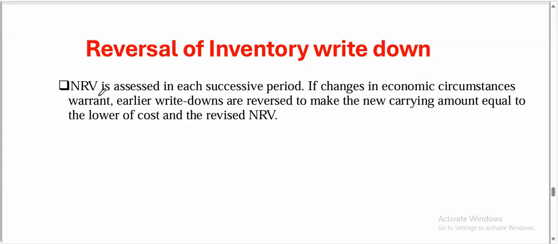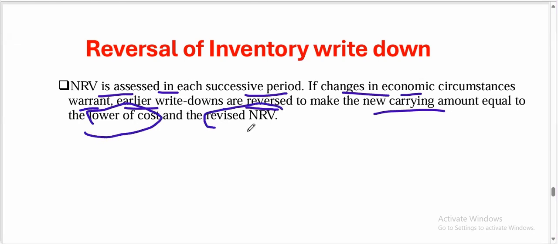Reverse. So it says NRV is assessed in each successive period. If changes in economic circumstances warrant, earlier write-downs are reversed to make the new carrying amount equal to the lower of, very important, cost and the revised NRV. Now, what are they telling us?